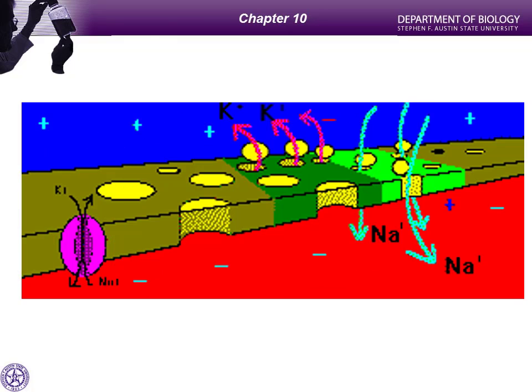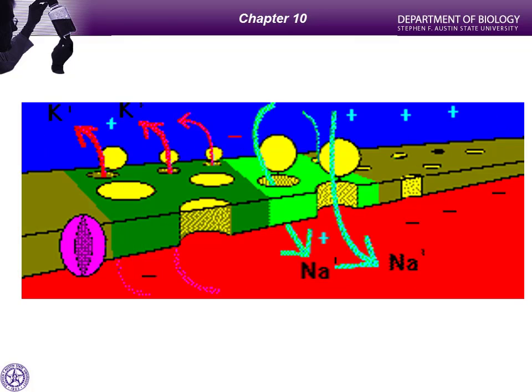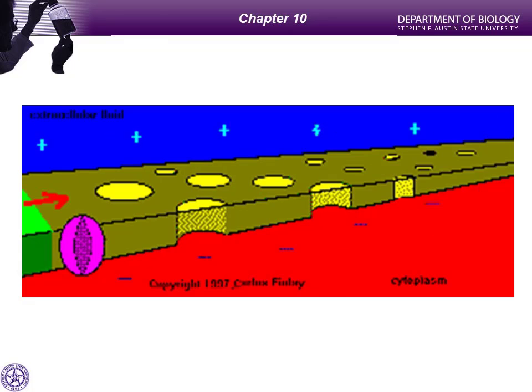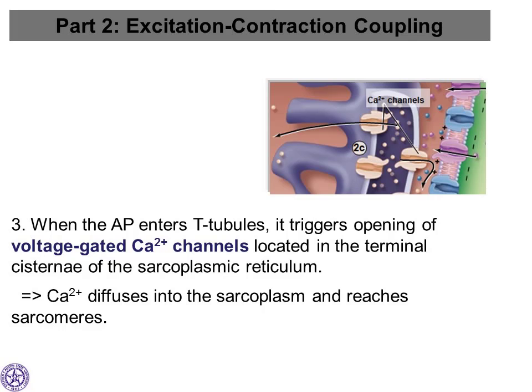Each one stimulating the next, just like at a football game. You know when to stand up and sit down because of what the person next to you does. That's our action potential.